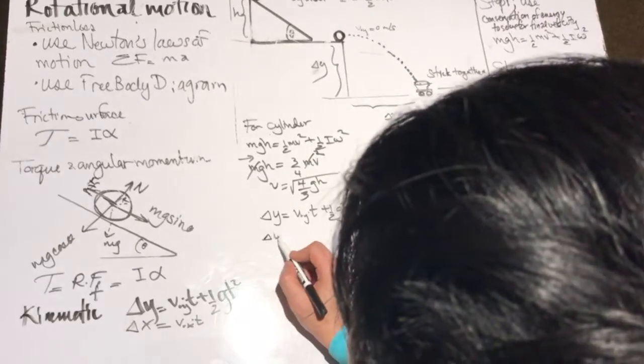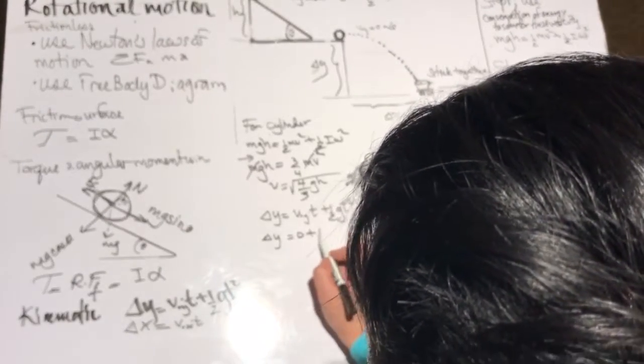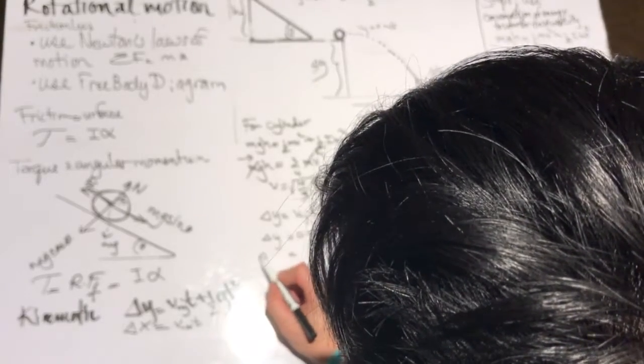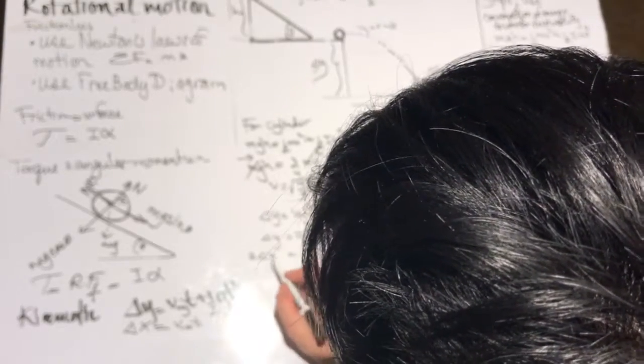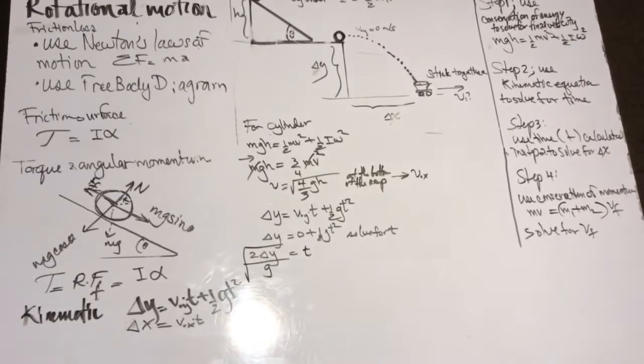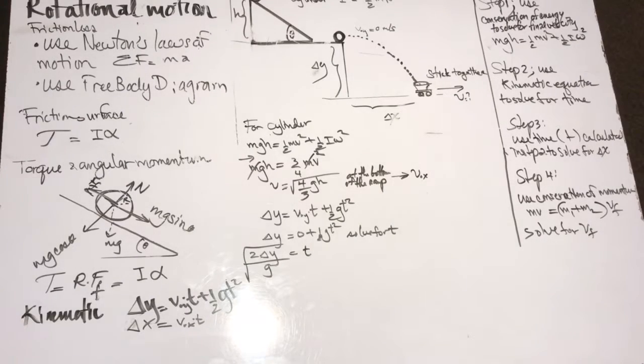So it will be this equal to this plus 1/2 g t squared. Now we're going to solve for t. So the time it takes will be the square root of 2 times the change in height divided by gravity.